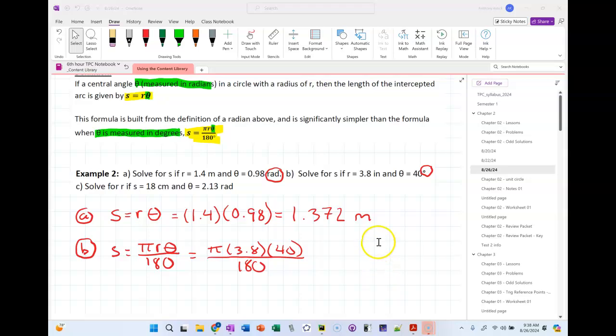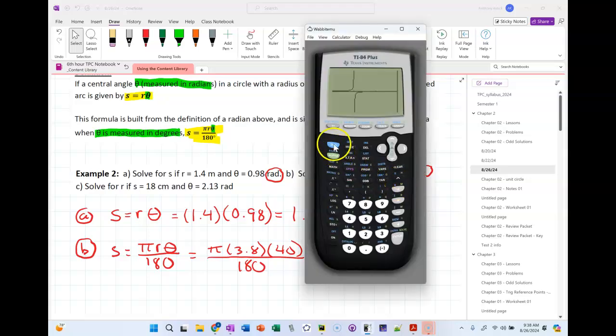Let me show you on your calculator a nice trick when we have fractions like this. If you press the alpha button, that's the green one, and then the Y equals button in the top left-hand corner, that opens up the fraction menu. If you choose option number 1, that gives you the horizontal fraction bar.